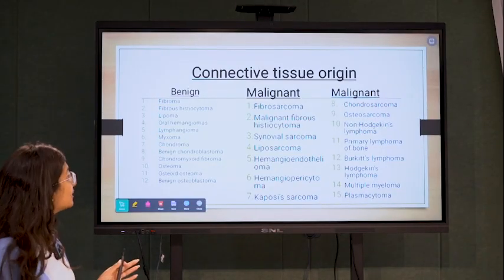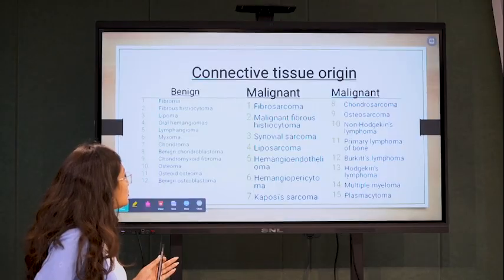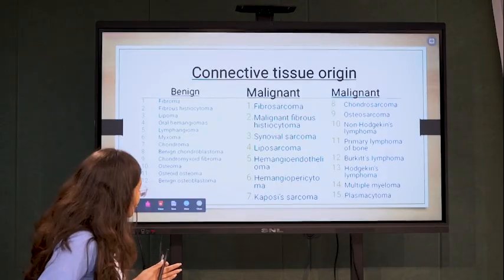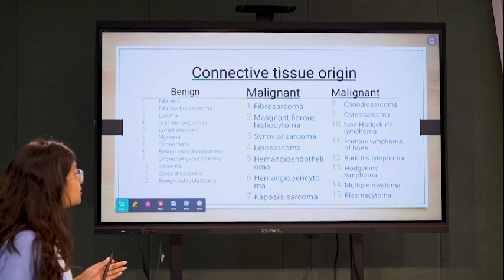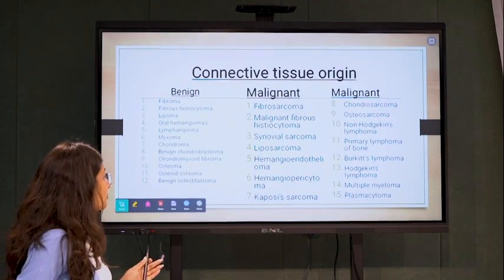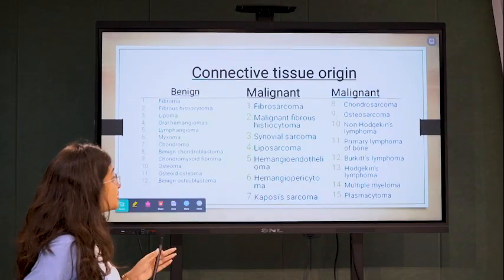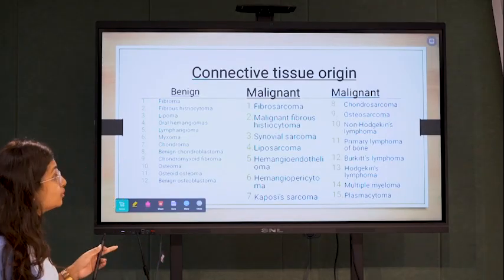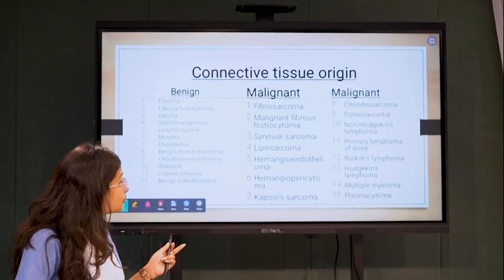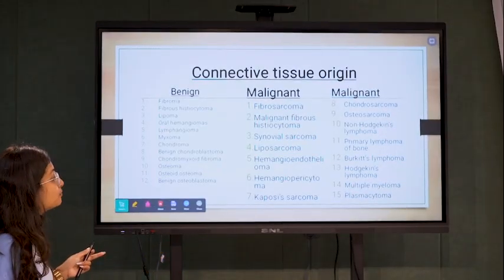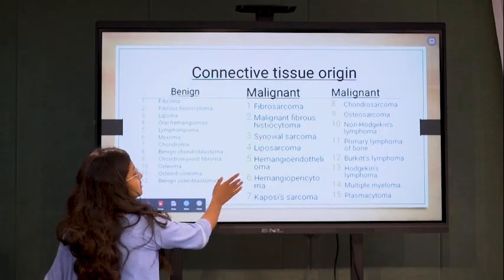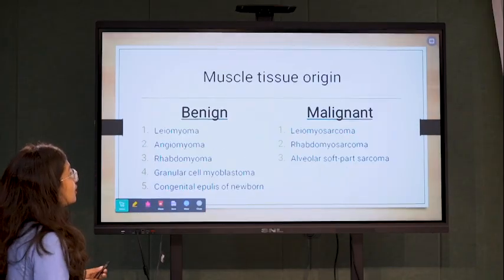Whereas in malignant, the most common are fibrosarcoma, malignant fibrous histiocytoma, synovial sarcoma, liposarcoma, hemangioendothelioma, hemangiopericytoma, Kaposi sarcoma, which is the most important one, then chondrosarcoma, osteosarcoma, non-Hodgkin's lymphoma, primary lymphoma of bone, Burkitt's lymphoma, Hodgkin's lymphoma, multiple myeloma, and plasmacytoma. These are from the connective tissue.